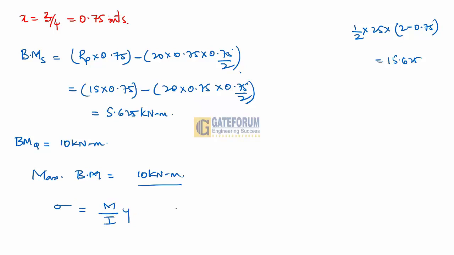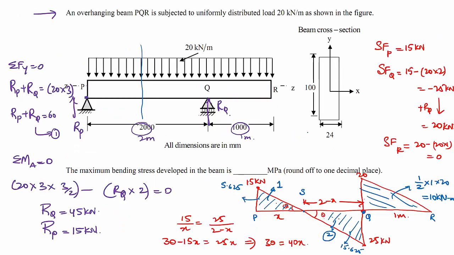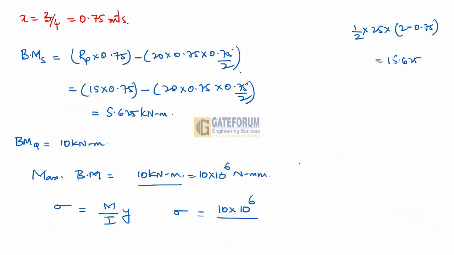is sigma equal to M by I into y. So M is equal to 10 into 10 power 6 Newton mm, and I for this will be equal to 24 into 100 cube. The dimension which is perpendicular to the neutral axis should be raised to the power 3.